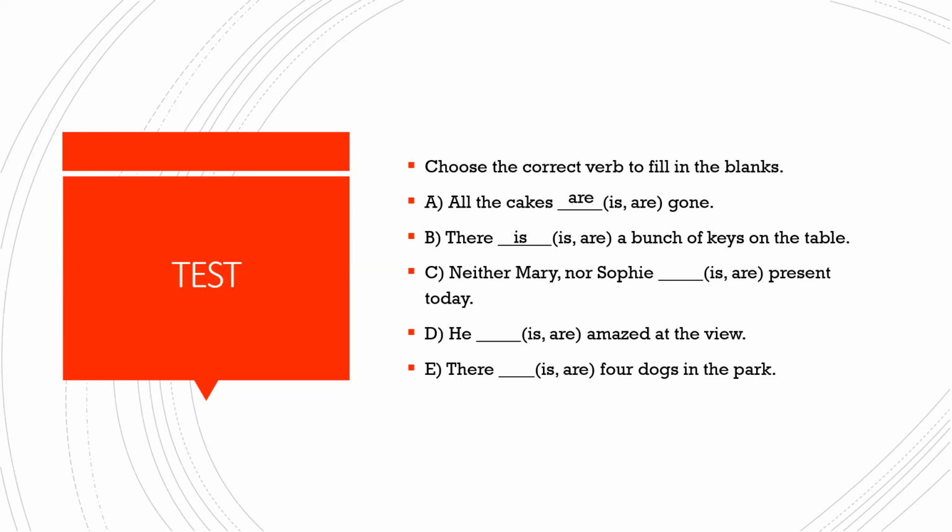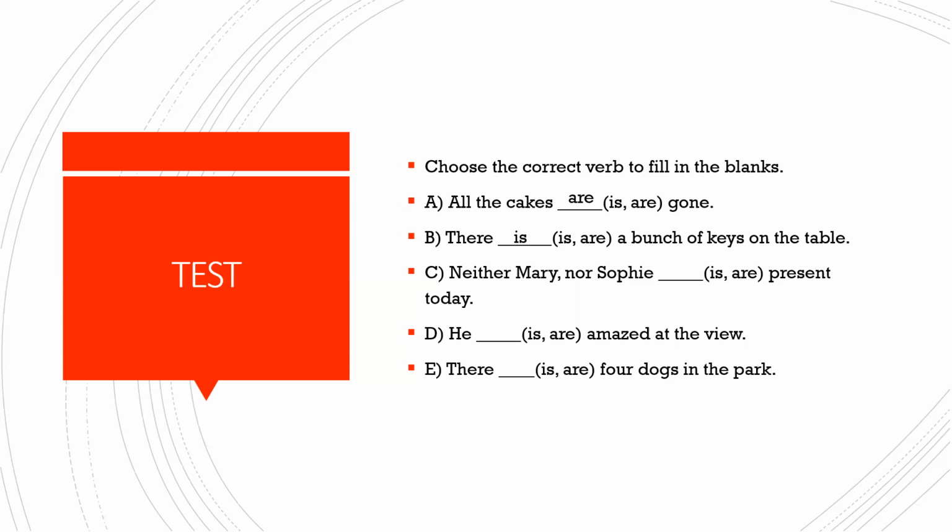Now look at the third one. Neither Mary nor Sophie. Should I say is or are? Think carefully. What's your subject? And then think whether the writer means one of them, or does the writer mean both of them?